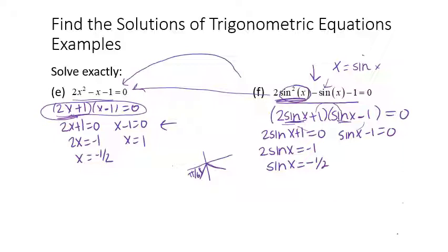So that's going to be at 7 pi/6 because it's pi plus pi/6, plus 2 pi k. It's also going to happen at 2 pi minus pi/6, which gives us 11 pi/6, again plus 2 pi k, because we have to generalize it for all of the angles that would land there. And when I solve the other factor, I get sine of x equals 1.